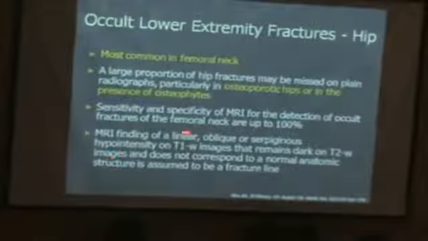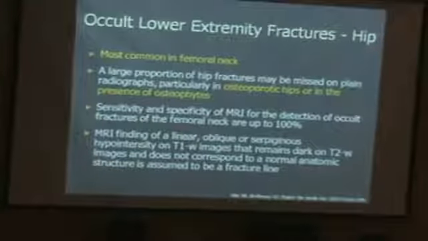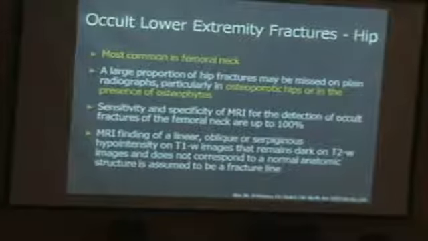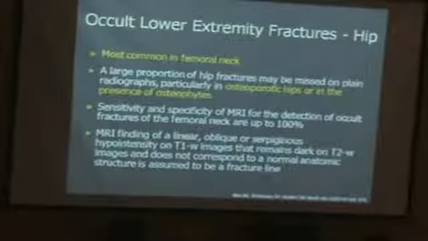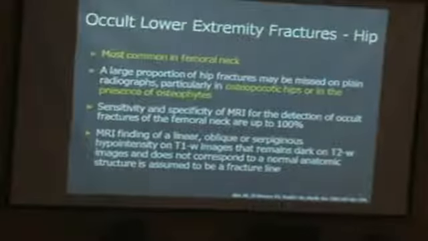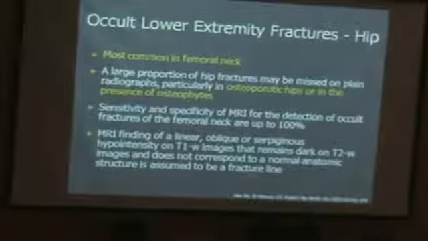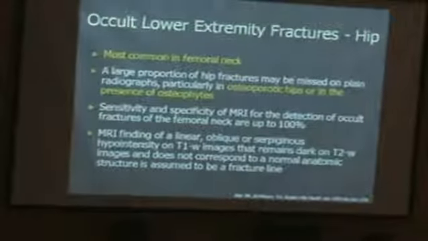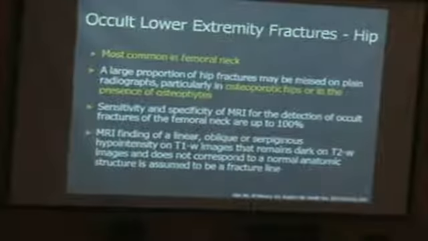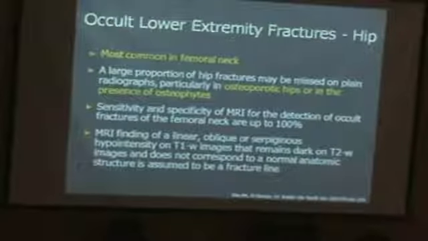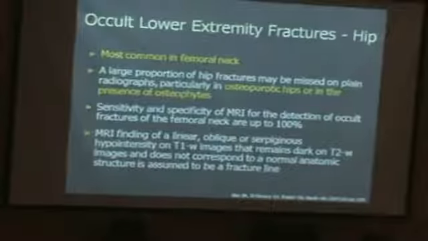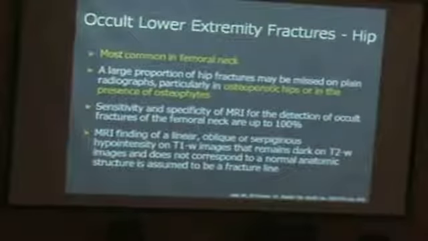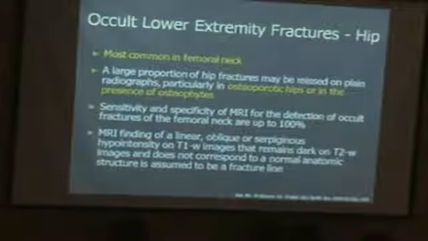Now, most importantly, as I said, if you have one sequence, it's the T1 weighted non-fat saturated. That's really your best sequence. If you can do both sequences, you can go for a T2, of course, because it's sensitive, it shows you the edema and the extent of that bone marrow edema, the soft tissue abnormality, and it will show you again the fracture line, which is hypointense on T1 and T2.